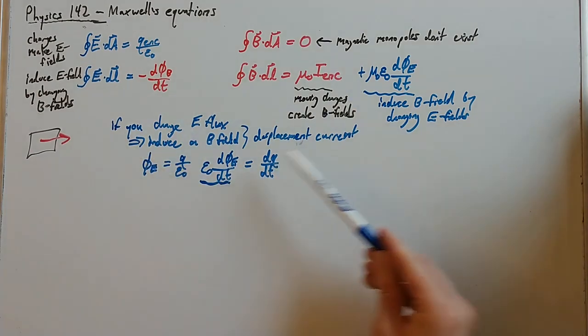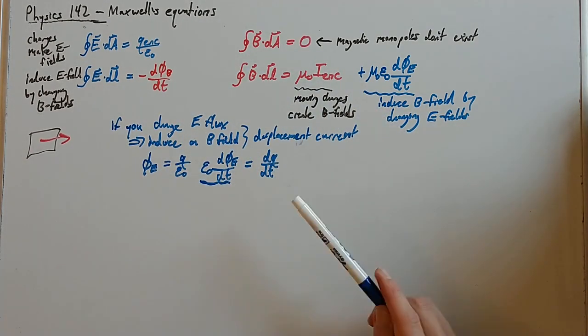So there really is a lot of beautiful symmetry here in Maxwell's equations that are telling us some deep and fundamental things about how charges, electric fields, and magnetic fields work together. We can actually take this and use this to understand how we produce light from charges, and I'll do that in the next video.